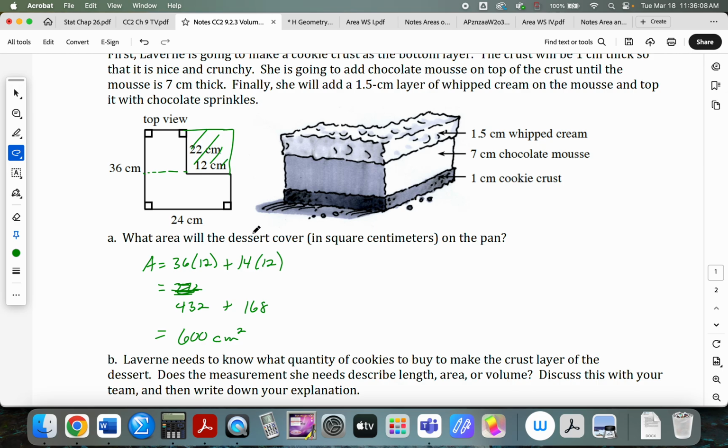You would do 36 times 24 minus 22 times 12. 36 times 24 is 864. 22 times 12 is 264. Subtract and we get that that's 600 square centimeters.